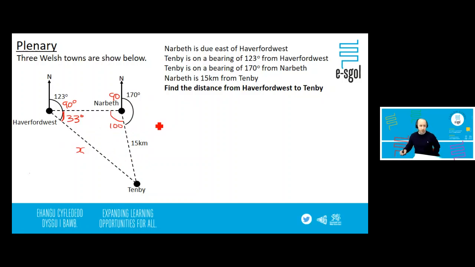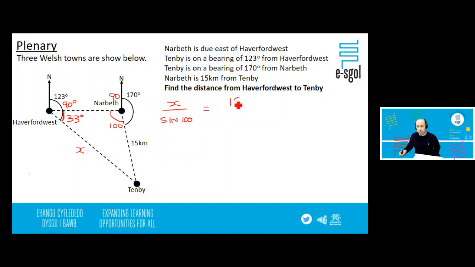Now I've got that information, hopefully I'll be able to solve it. So let's go back to what we're trying to find, which is X. Whatever you're trying to find goes on top. So X is what I'm trying to find, and it's opposite the angle, which is the sine of 100. Then we look at what other information we've got. We have this side here of 15 kilometers.